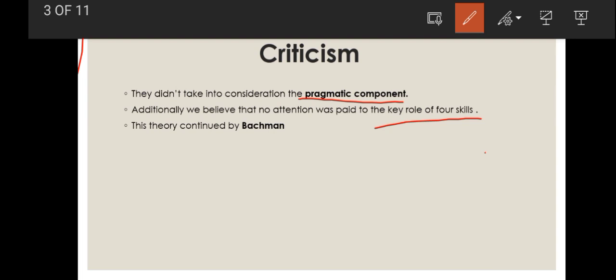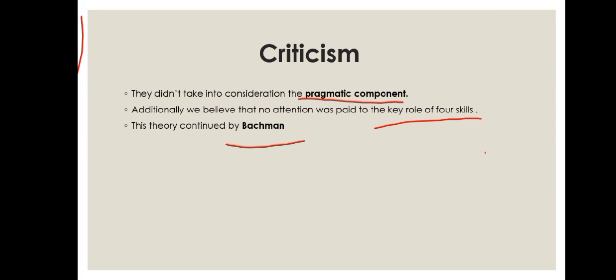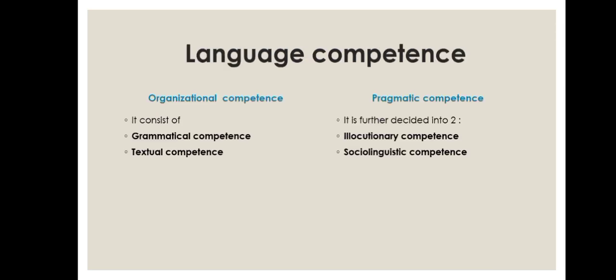I have already discussed with you many times the four skills: reading, writing, speaking, and listening. The theory was continued by Bachman, who studied this approach and gave his model, which is mentioned here.